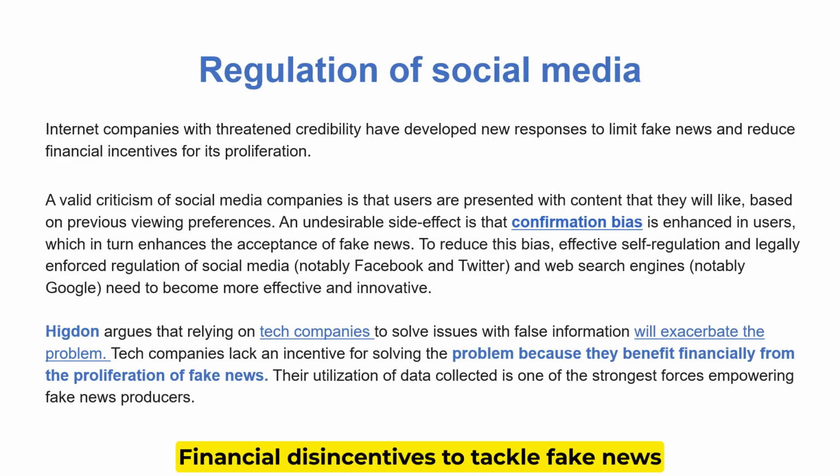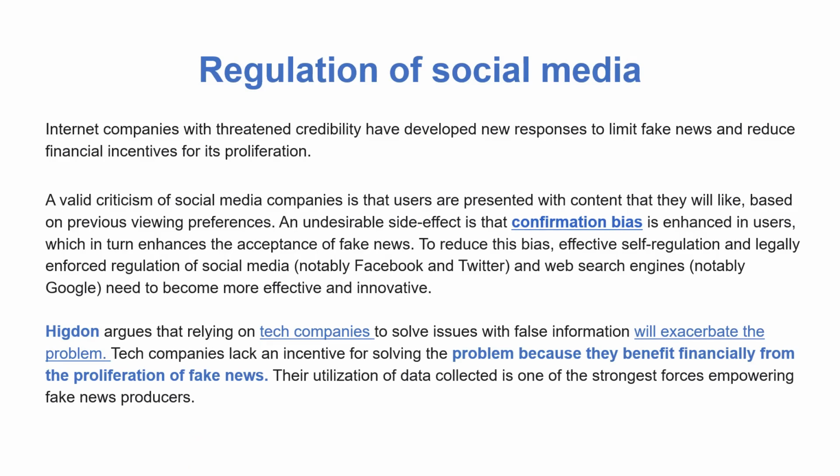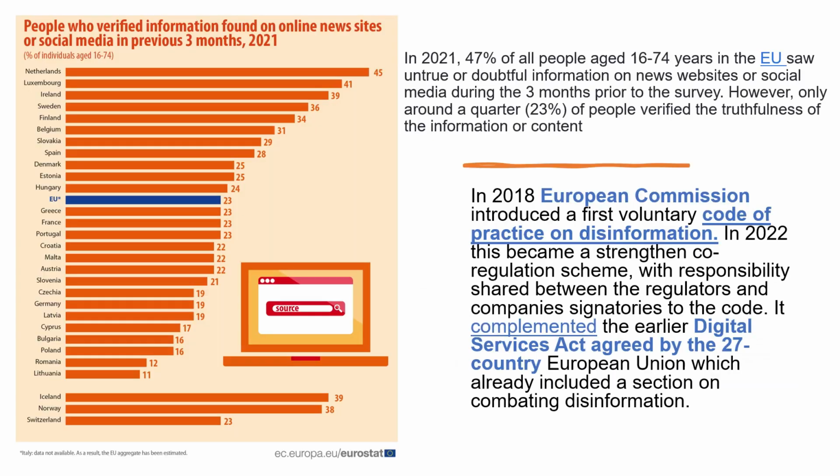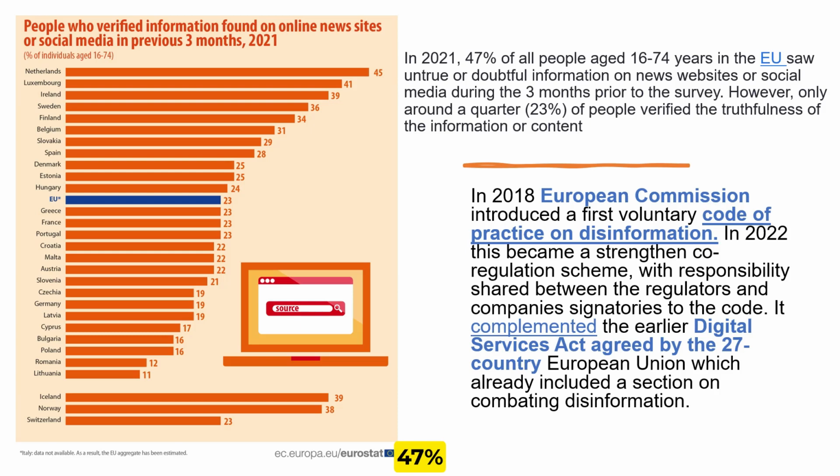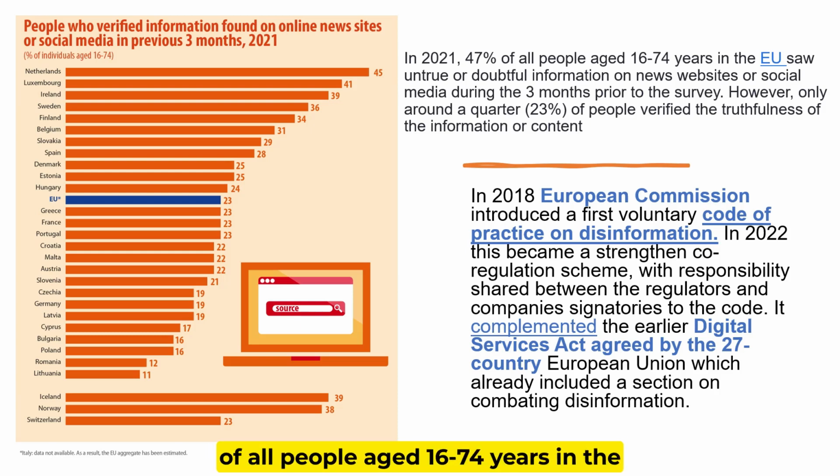Financial disincentives to tackle fake news also apply to some mainstream media. From this graph, we can see that in 2021, 37% of all people aged 16-74 years in the EU saw untrue or doubtful information on news, websites, or social media during the 3 months prior to the survey.